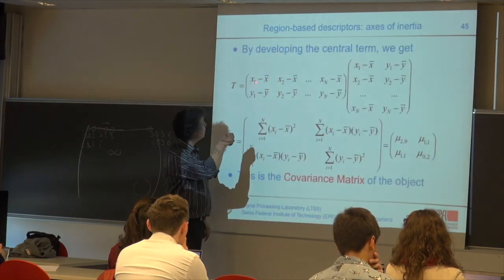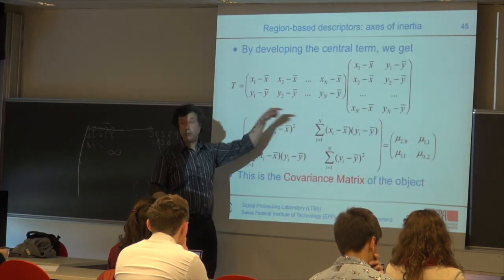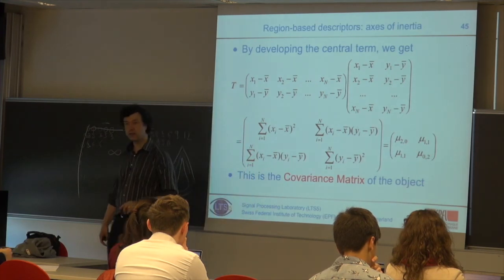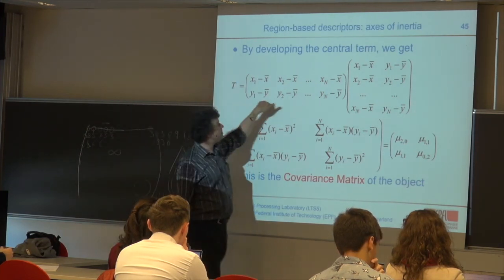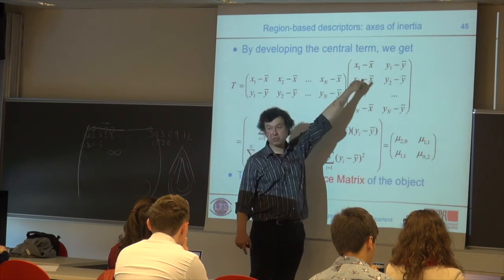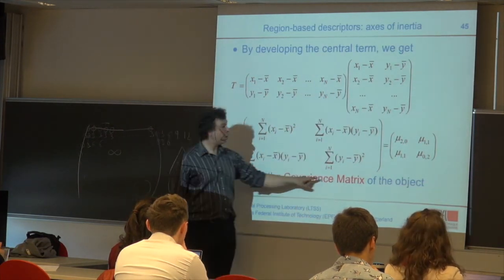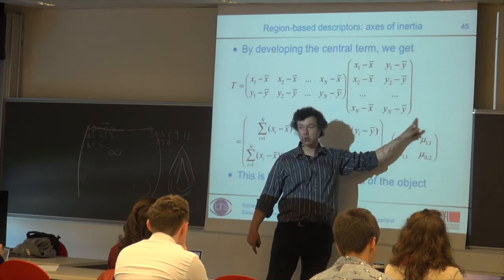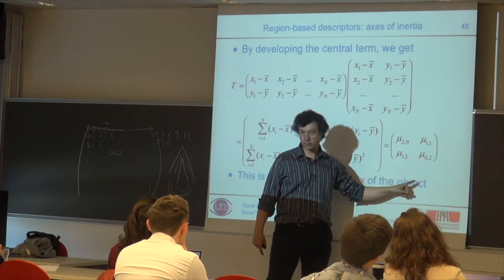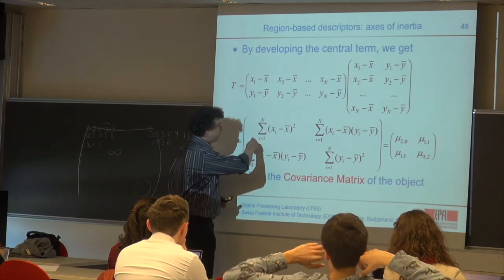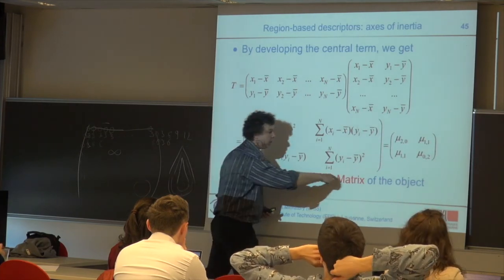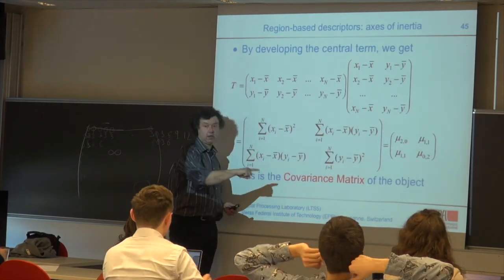So this is 2 times n times 2. At the end, it gives me a 2 by 2 matrix, where I have those values here, here, here, and here.